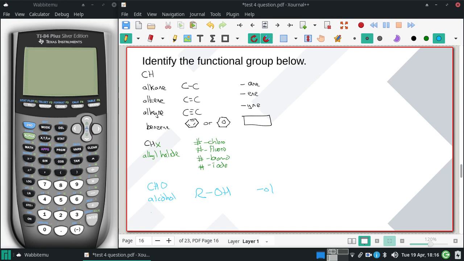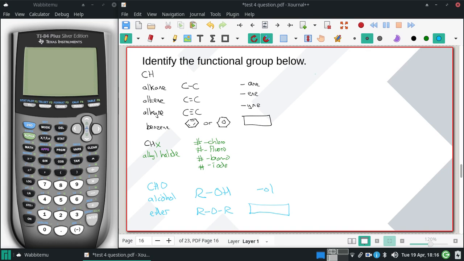The other one that kind of fits in with the CHOs are our ethers, and that's where the O is bonded to two things, but both of them are carbons. So it's carbon, oxygen, carbon. They don't really get a prefix or a name, and we're leaving that as another thing, kind of like the benzene ones, to be named properly later.